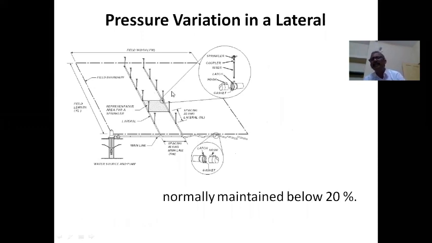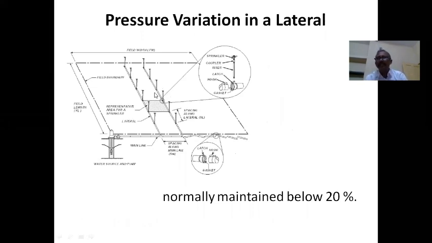Let us assume that the average pressure in this lateral is also 25. So the difference 2.5 divided by the average pressure 25 gives you 0.1, that is a case of 10%.